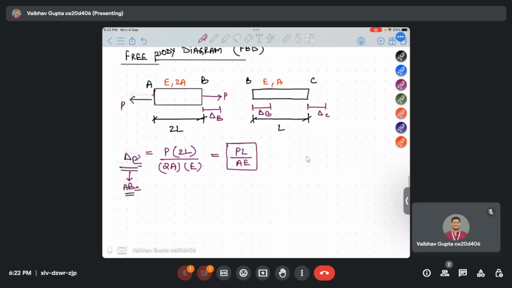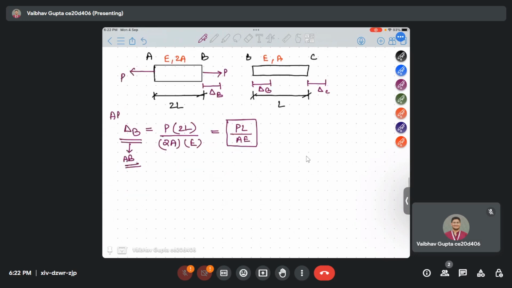Now we'll go to BC. Here change in length is delta C minus delta B, because both have moved, so the relative change will be delta C minus delta B, which is nothing but PL over AE, where L is L, area is A, E is E. Am I correct here? No. Why?